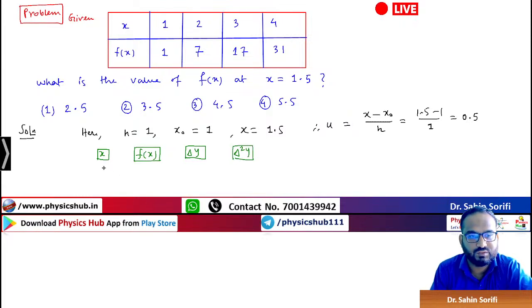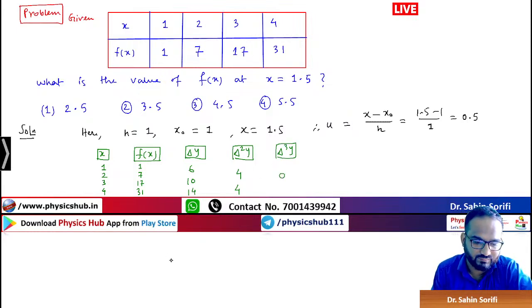From 4 values, how many values can you expect? The values are 1, 2, 3, 4 and 1, 7, 17, 31. 7 minus 1 is 6, 17 minus 7 is 10, 31 minus 17 is 14. 10 minus 6 is 4, 14 minus 10 is 4, and another term will come, the cube: 4 minus 4 is 0.